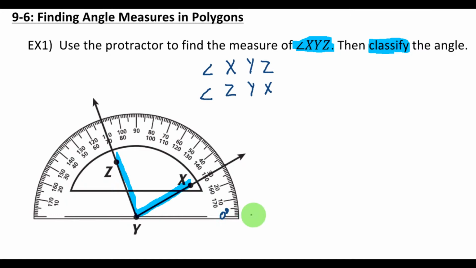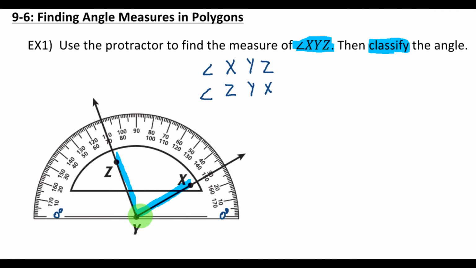It either passes through this point, 0 degrees, on the protractor, or it will pass on the other side. It will shoot out of the vertex this way and pass through, it looks like 0 degrees would be right here, and shoot out in that direction. However, that's not happening in this case. In fact, our rays are shooting out upward and out at angles. So we've got to figure out what angle or what degree they're actually passing through in this protractor.